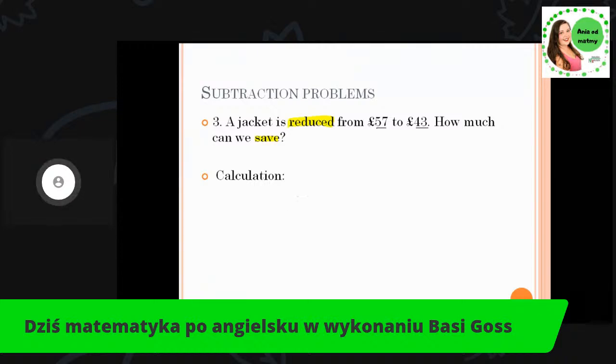So, calculation for the question is 57 minus 43. And the number we get is 14.